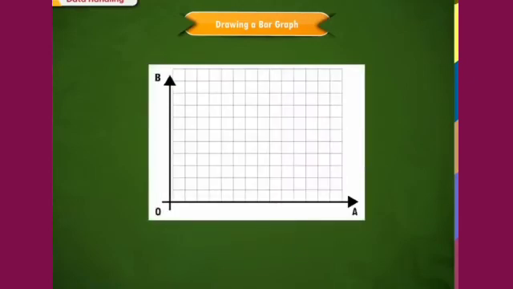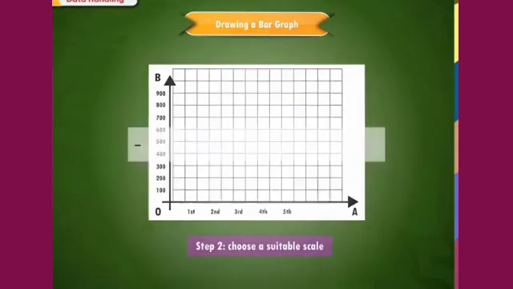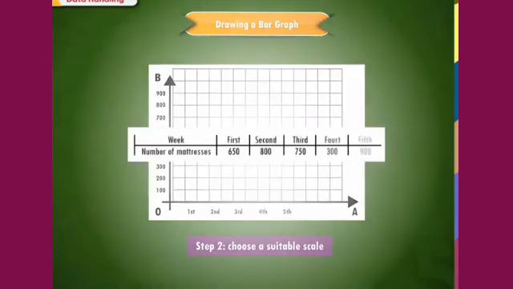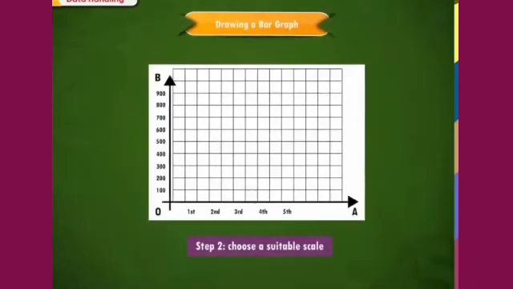The next step is to choose a suitable scale. Look at the numbers we have: 650, 800, 750, 300 and 900. We have to mark these numbers on the vertical axis.